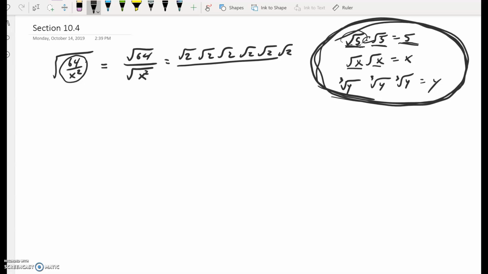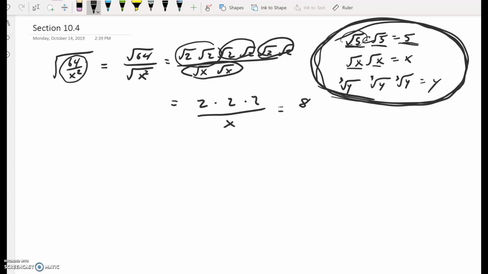And the square root of x squared can be thought of as the square root of x times x. Now, this is a 2, this is a 2, this is a 2, this is an x, and we have 8 over x, and we're done.